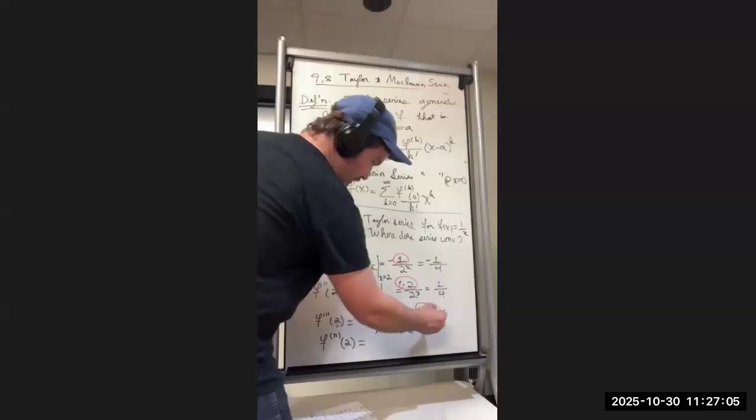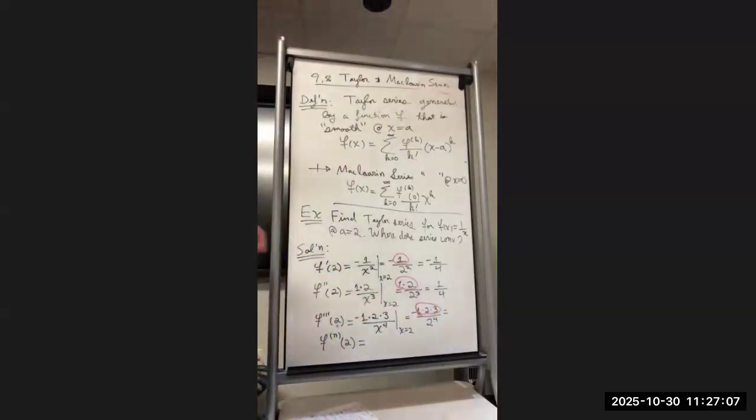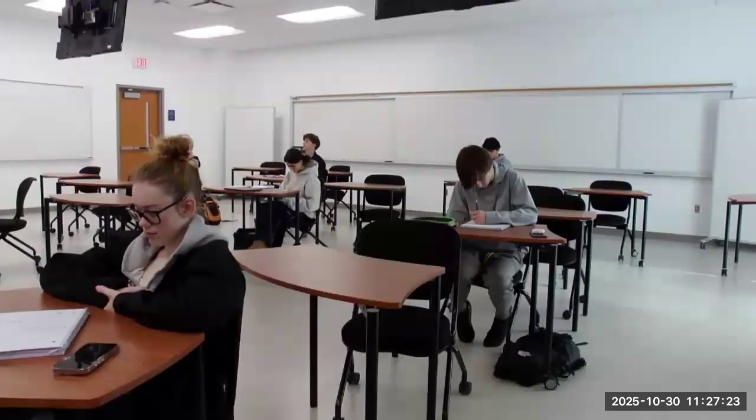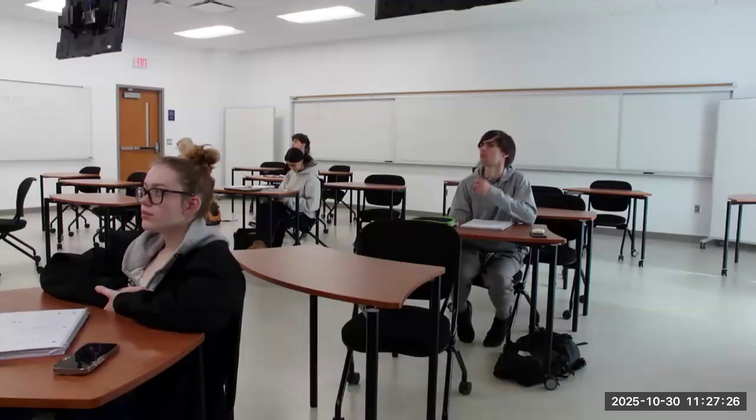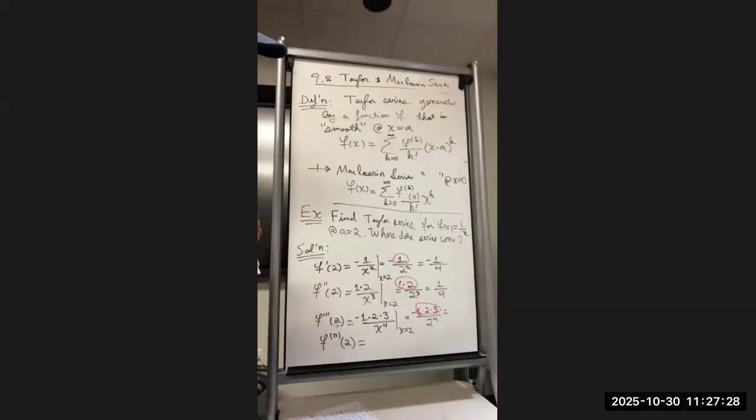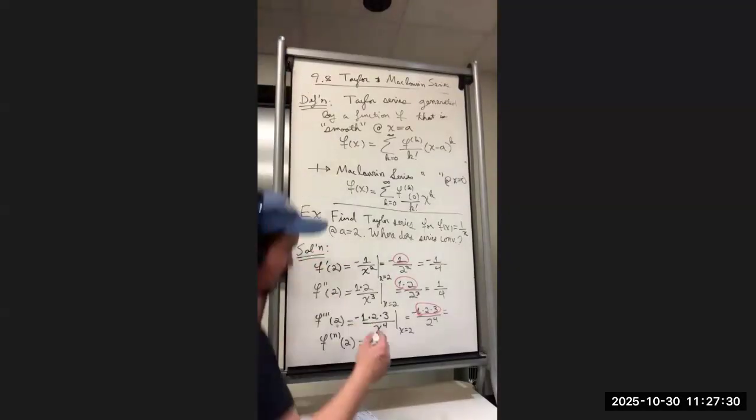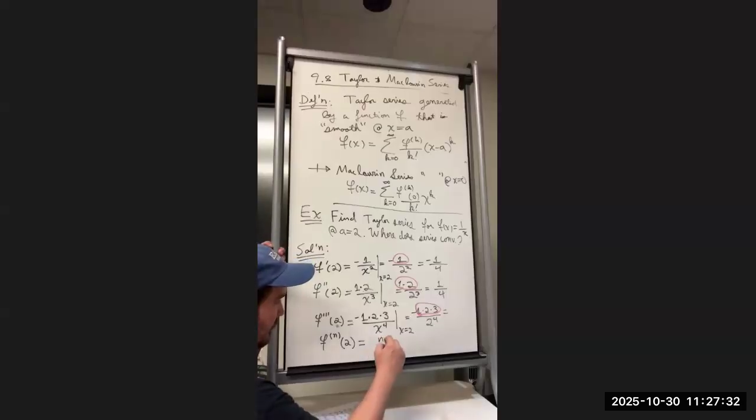Here I've got a 1 times a 2 times a 3. So we might surmise that the nth coefficient will have at least one component, which is what? Go ahead, Jackson. An exclamation mark. N factorial, right? So we're going to have an n factorial.